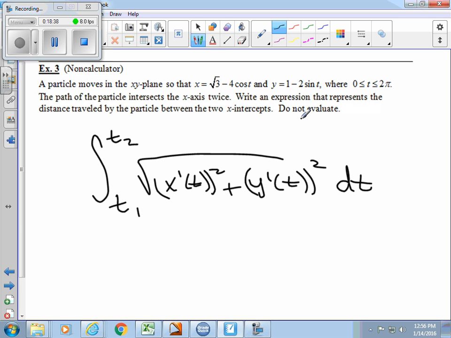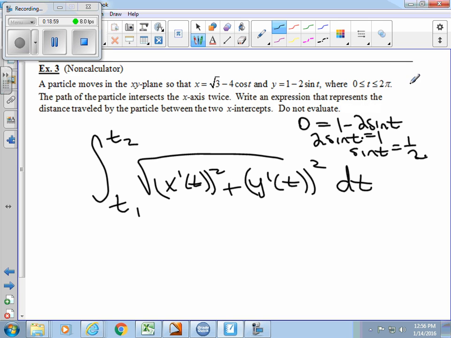So I'm going to do a side note: 0 equals 1 minus 2 sine of t. 2 sine of t equals 1. So sine of t is a half. That's a unit circle question. If you've forgotten everything you knew about the unit circle, what do you do?